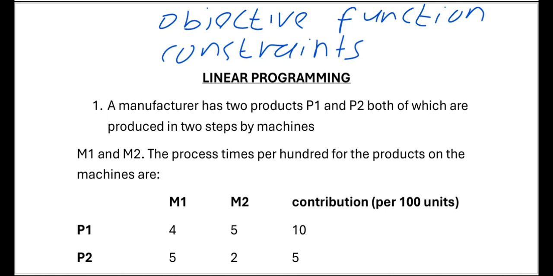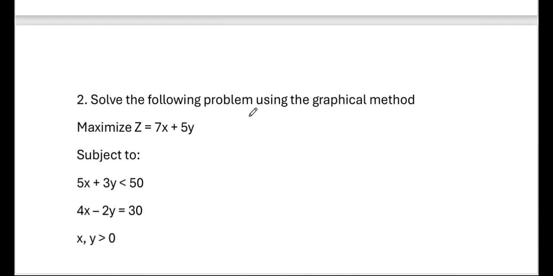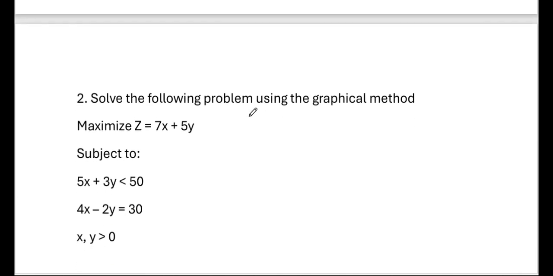Because the objective function and the constraints seem to look alike, but a major difference between the two is that, looking at this, this one is the objective function. The one that says maximize is the objective function, subject to, so these are constraints.